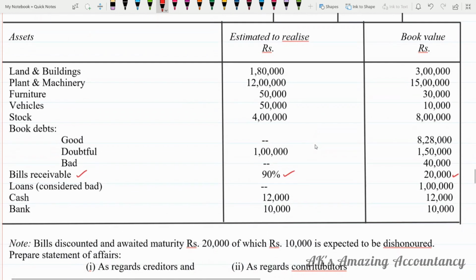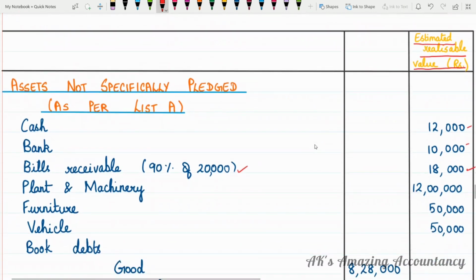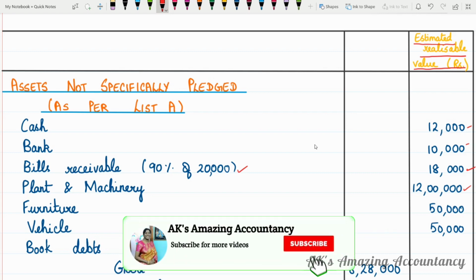What are the remaining assets we have? We have plant and machinery, and remember you have to take only the estimated realizable value. For plant and machinery, the estimated realizable value is 12 lakhs. For furniture, the estimated realizable value is 50,000.